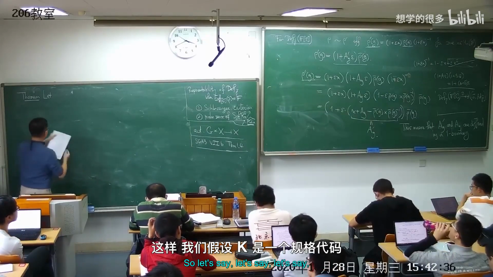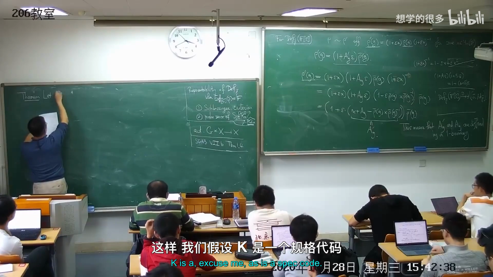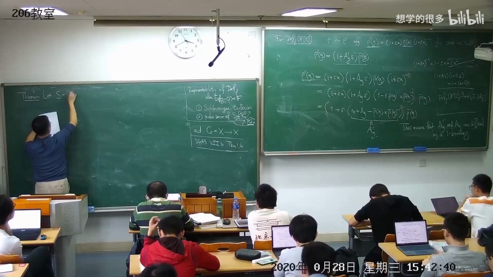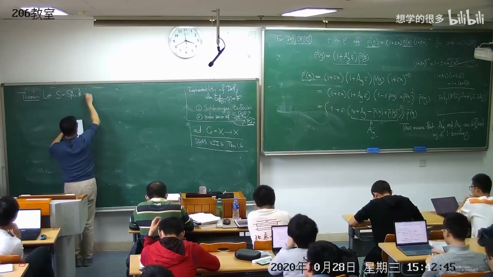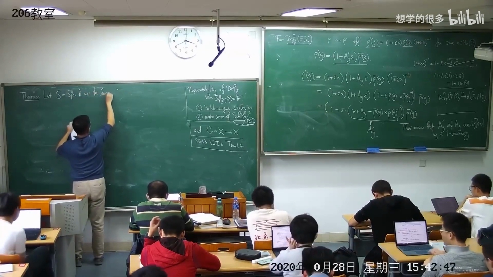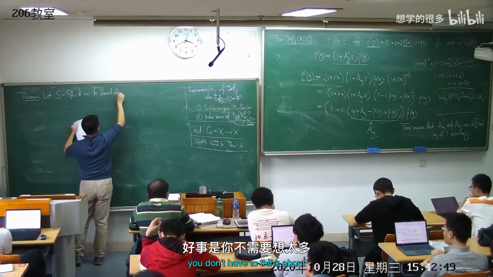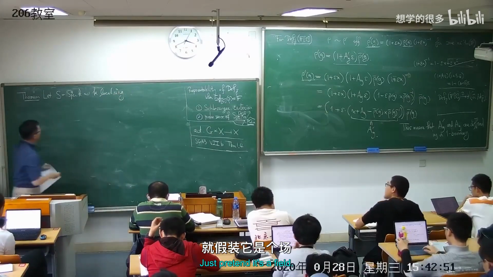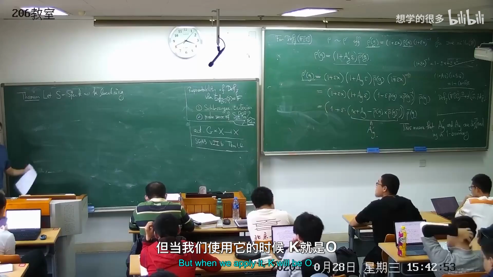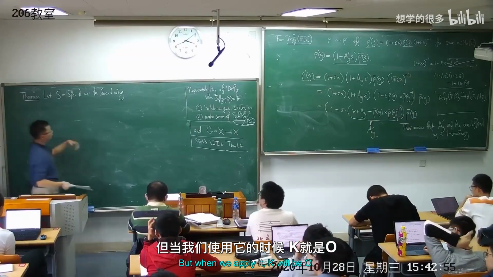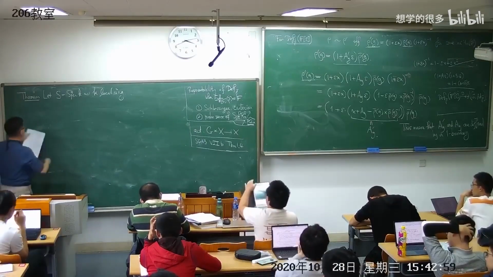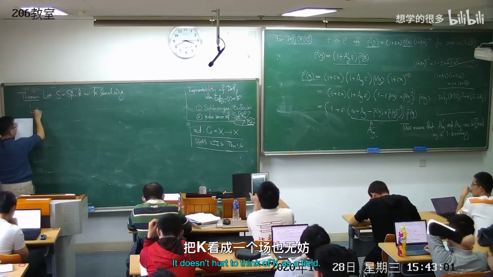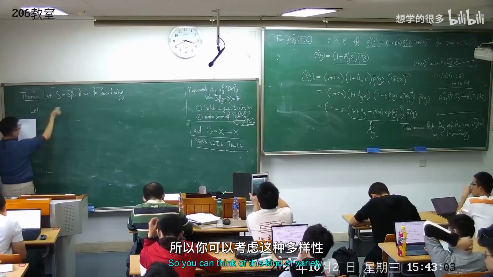So let S be Spec of K, with K a local ring. The good thing is you don't have to think too much about it. Just pretend it's a field. But when we apply it, K will be O, so it's a local ring. It doesn't hurt to think of K as a field, so you can think of it as a kind of variety.